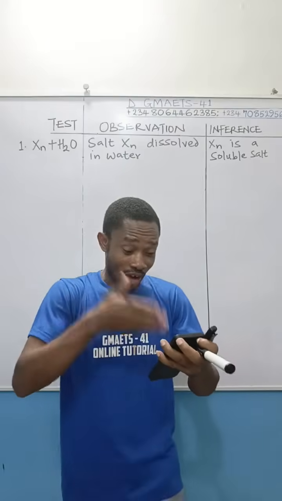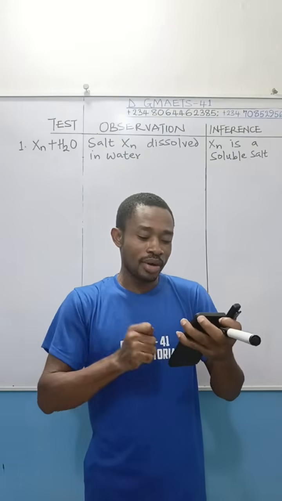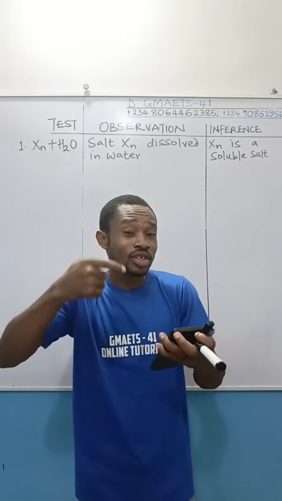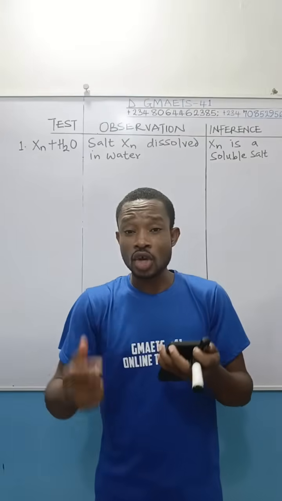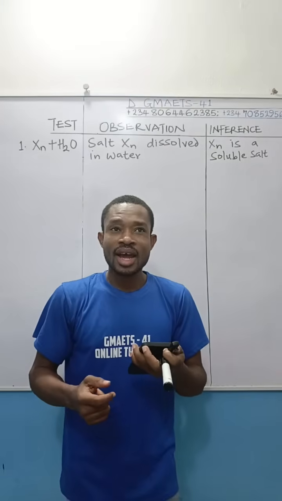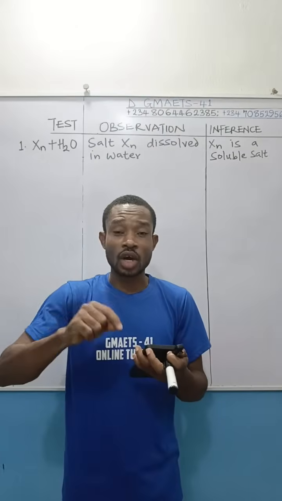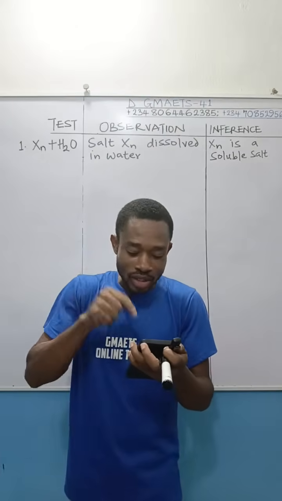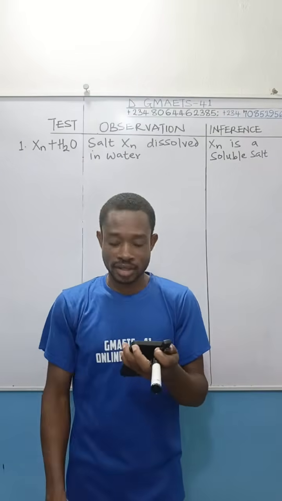If I were in the exam hall, looking at this, since I saw barium chloride, my mind will start going to SO3 2-, trioxosulfate(IV) ion, and then SO4 2-, tetraoxosulfate(VI) ion, because I saw barium chloride here, followed by dilute hydrochloric acid.